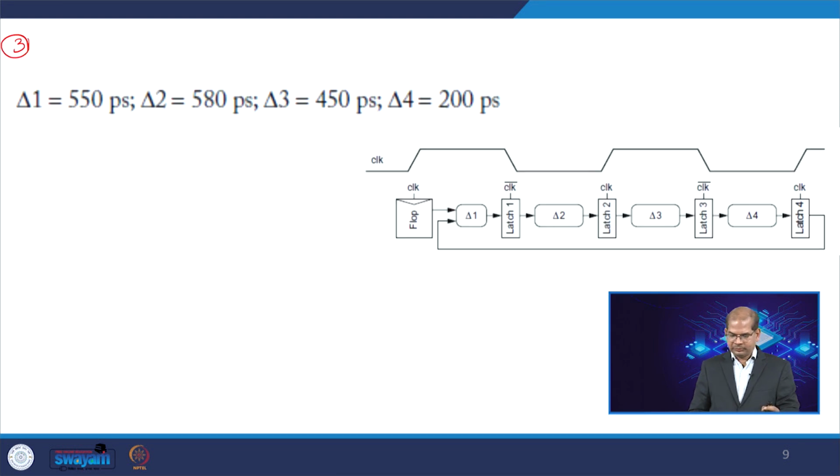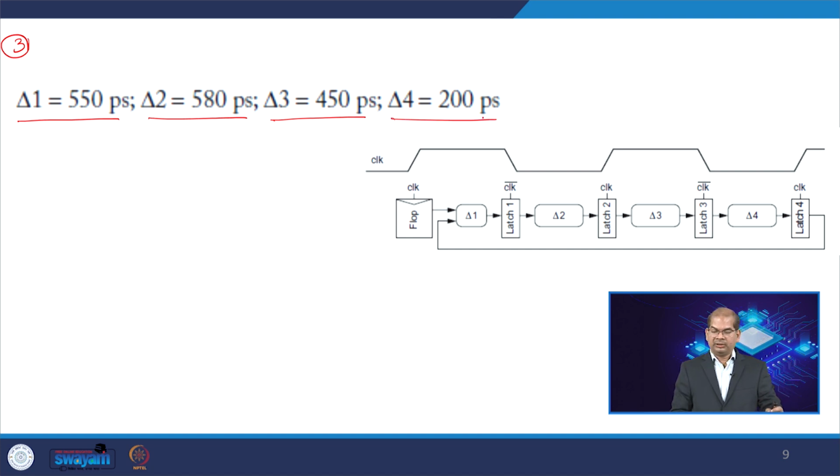Now, take this example. Here all the delay values are written: delta 1 is 550 picosecond, delta 2 is 580 picosecond, delta 3 is 450 picosecond, delta 4 is 200 picosecond.